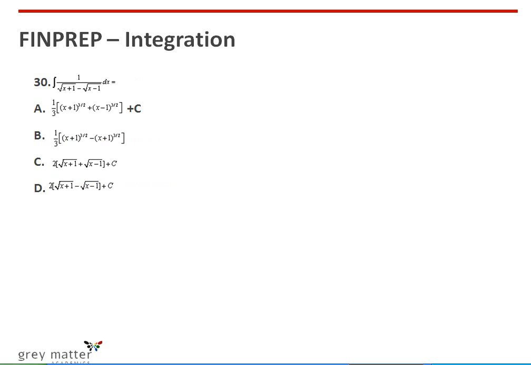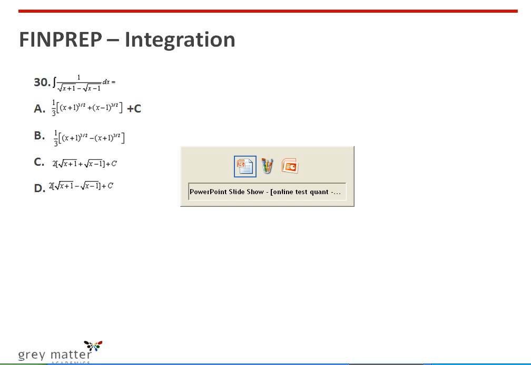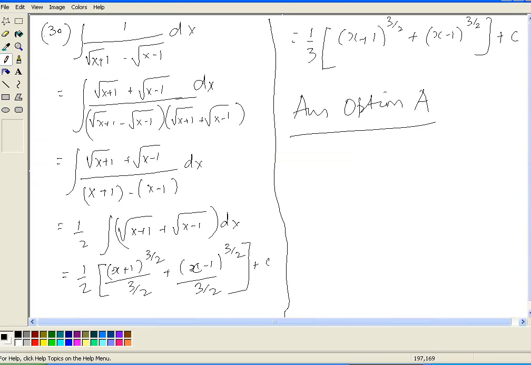30th question, integral of 1 by root of x plus 1 minus root of x minus 1 dx. Going back to our work area, we rationalize, that is multiply numerator and denominator by root of x plus 1 plus root of x minus 1.